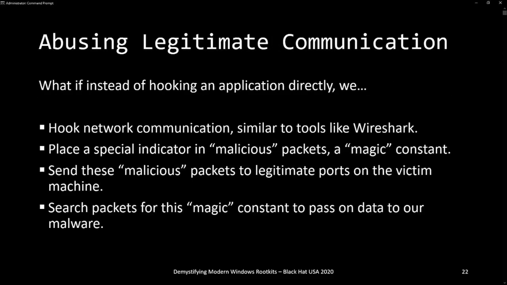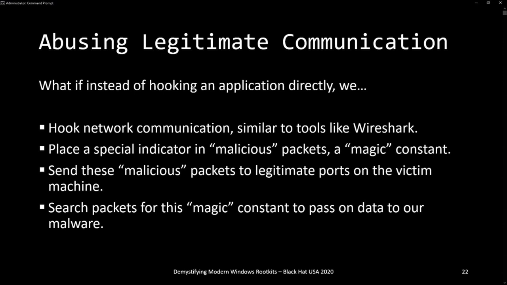Well, what if instead of hooking an application directly, we hooked network communication, similar to tools such as Wireshark? Then what we would do is we'd create these malicious packets in our C2 and insert a magic constant value that the malware is aware of as well. Then we send this malicious packet over to any legitimate port on the victim machine.